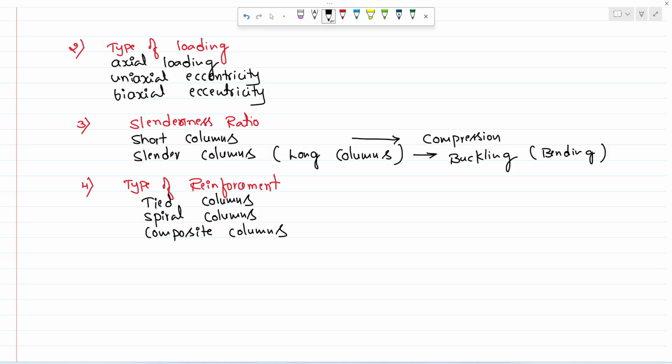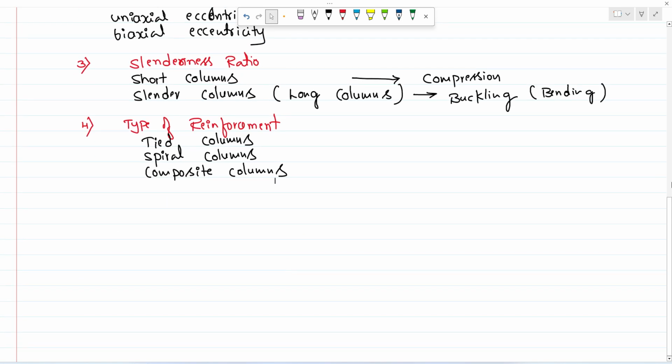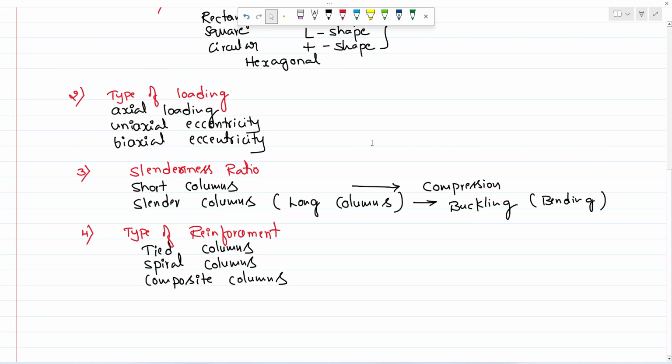So this is the brief introduction about column definition and classification of columns. First classification is based on cross section. Second classification will be based on type of loading. Next, third one will be based on slenderness ratio. Fourth will be based on type of reinforcement.